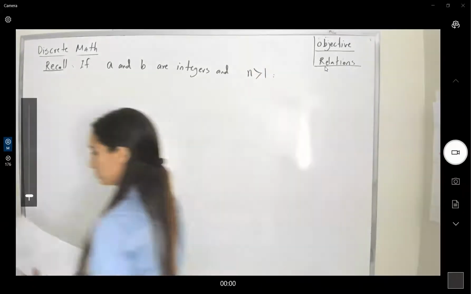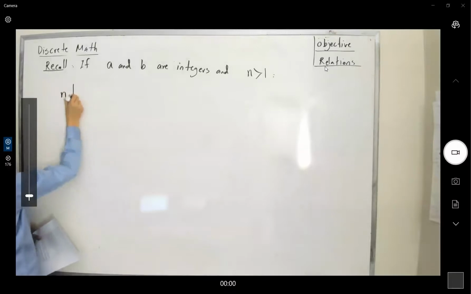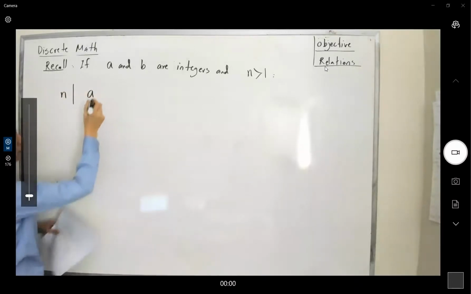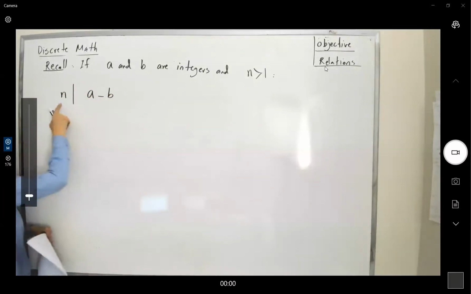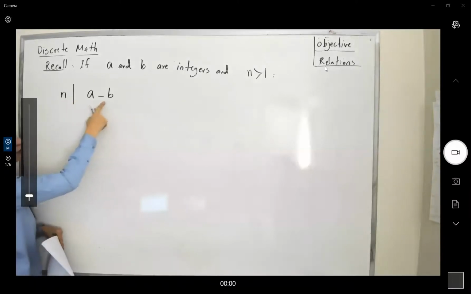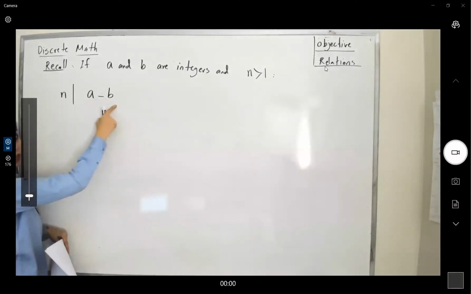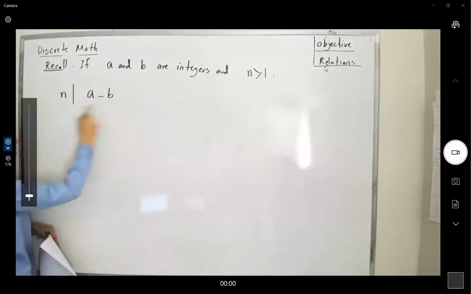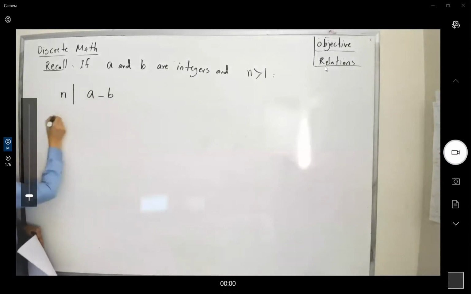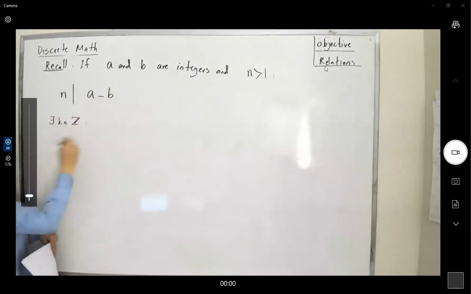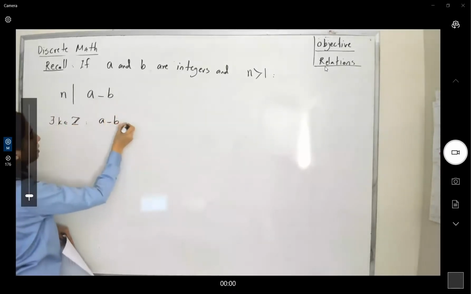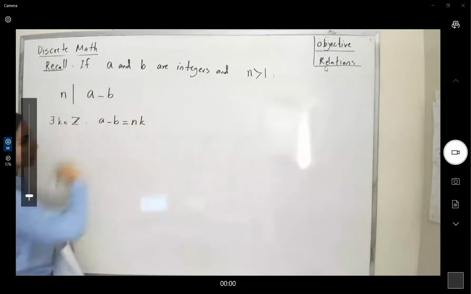We say that n divides a minus b. It means that n is a factor of the difference a minus b. And we define it this way: there is an integer k such that a minus b is equal to n times k.